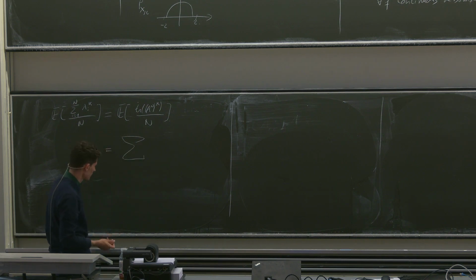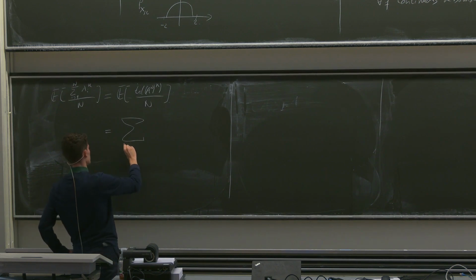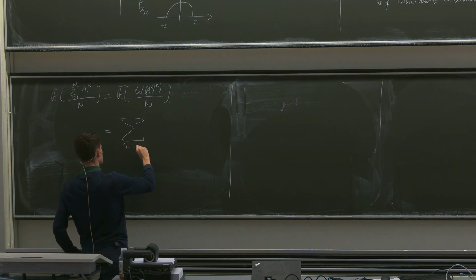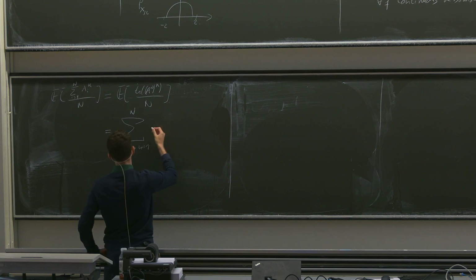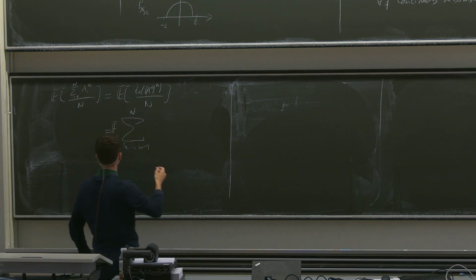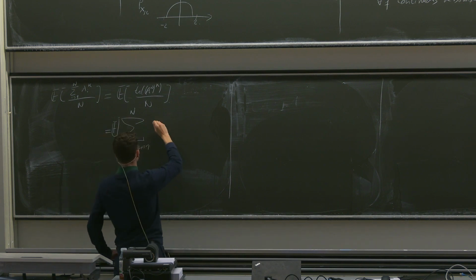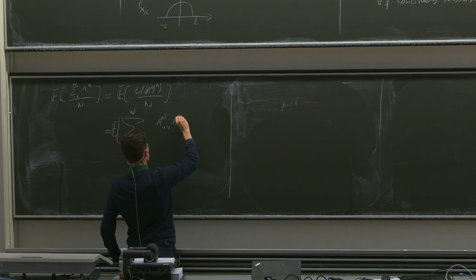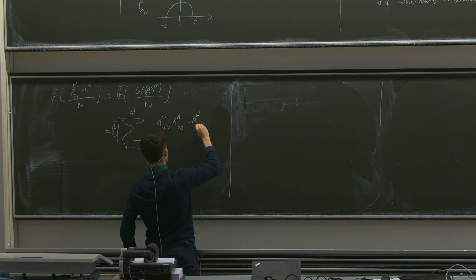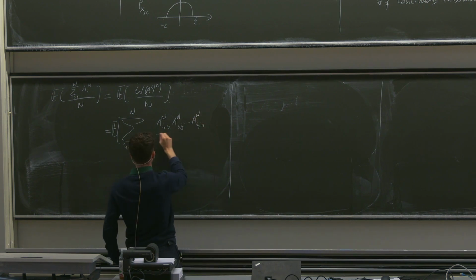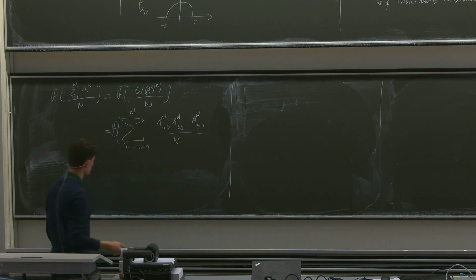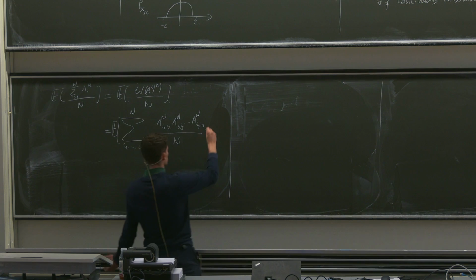So it's going to be the following: the sum over all indices i1 through ik ranging from 1 to capital N of the expectation of An(i1,i2) An(i2,i3), all the way to An(ik,i1), and I divide by n. So this is how it looks.